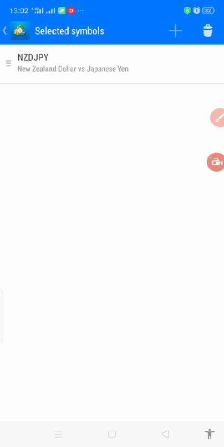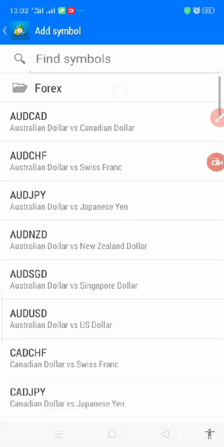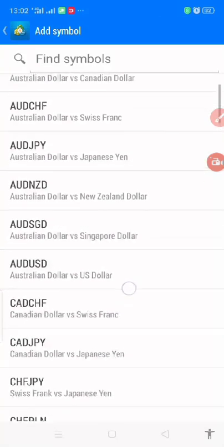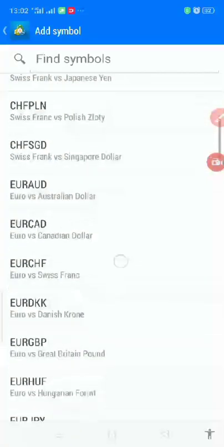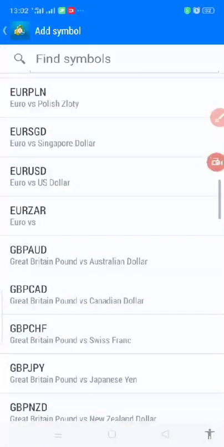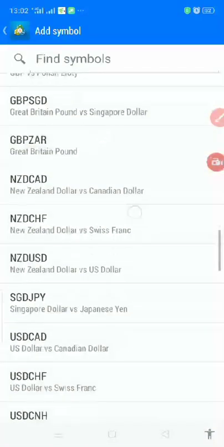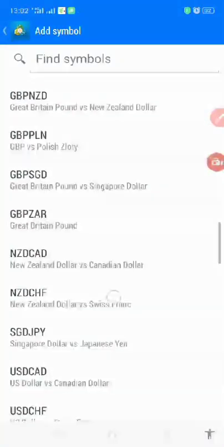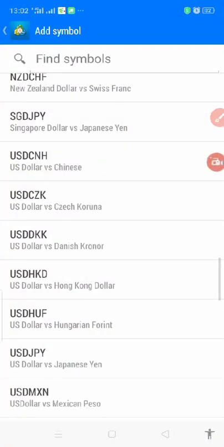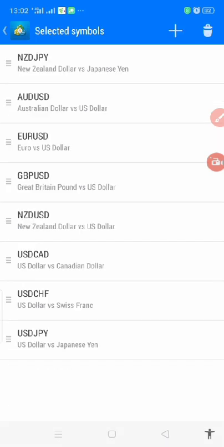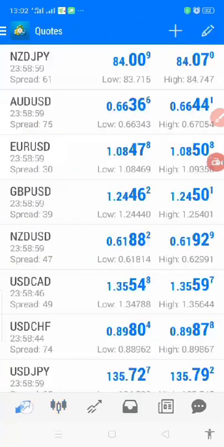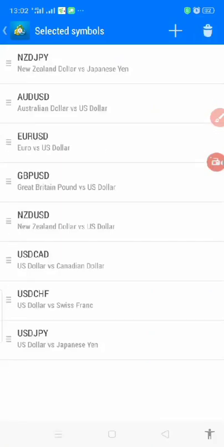Go to Forex, then I want to put only the major currencies, the ones that pair with the USD that have some level of liquidity and are traded often. Then we have the Japanese yen. I need to delete this later on.